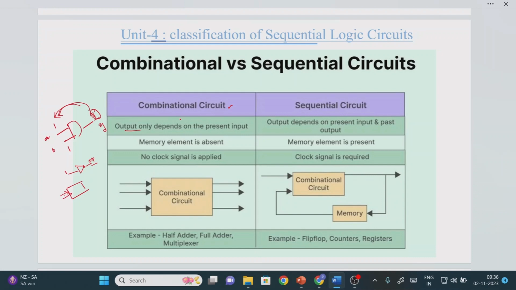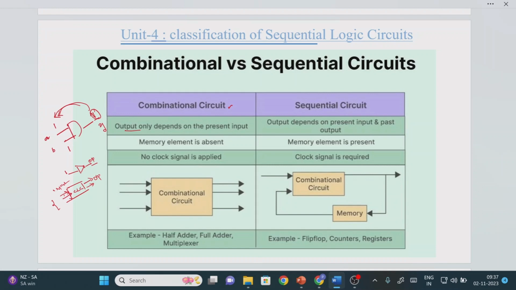In logic gates you will have one output; in the case of an encoder, decoder or multiplexer, you might have different types of output. Based on the inputs you get the output value. So this is a combinational logic circuit.